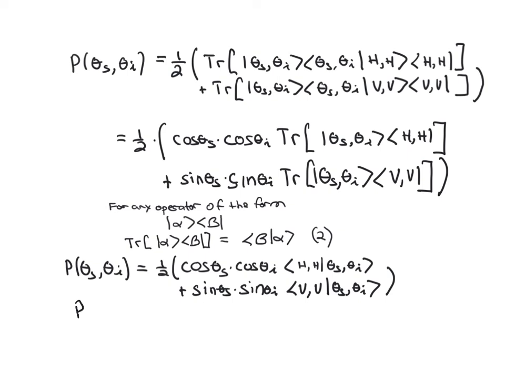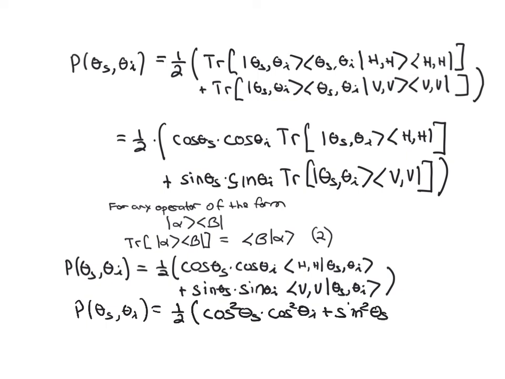We've got that this joint probability is equal to 1/2 times cosine squared theta sub s times cosine squared theta sub I plus sine squared theta sub s times sine squared theta sub I.